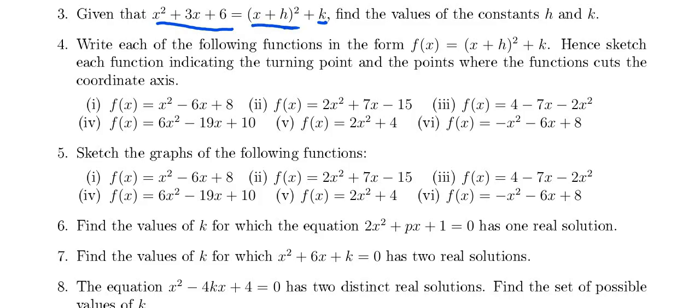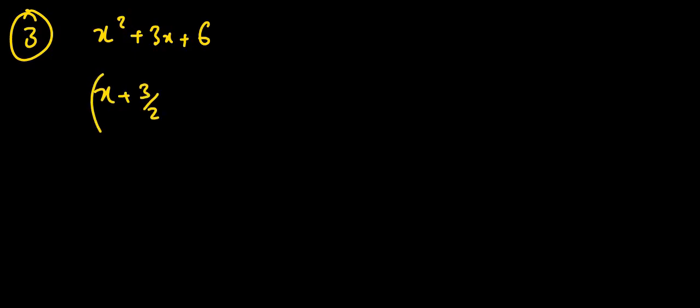Whenever they put something like this, meaning we're trying to complete the square. So what's the completed square form of this? So that's x squared plus 3x then plus 6. This is question number 3. So this is just going to be x plus 3 over 2 squared minus, this is what, 3 squared over 4.